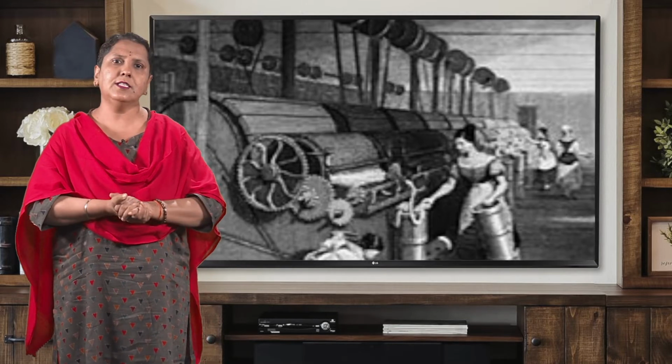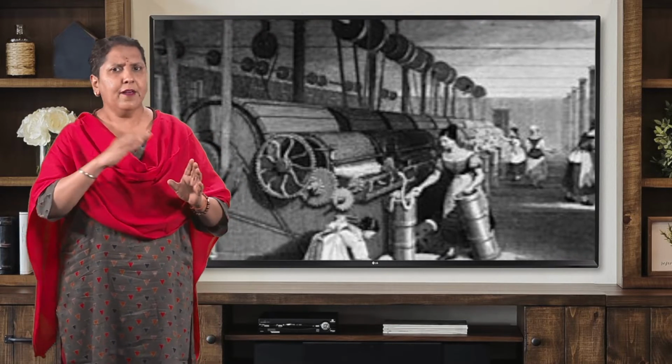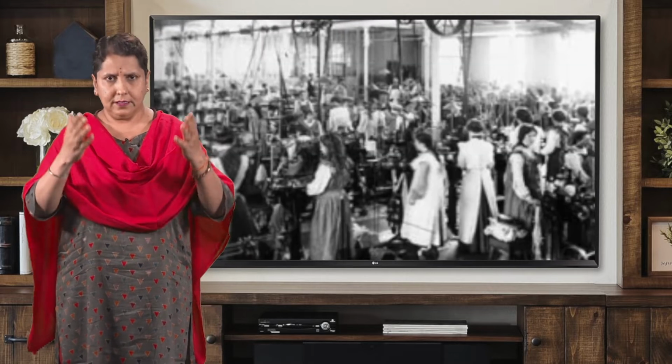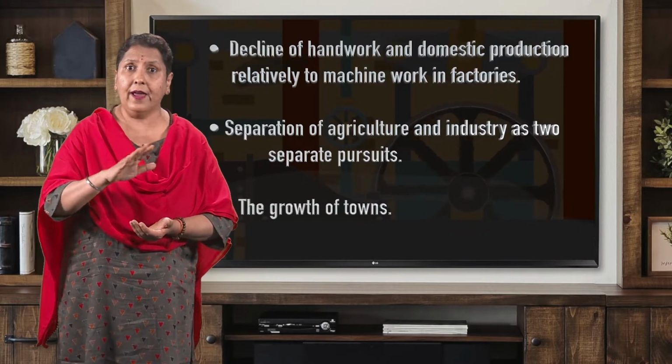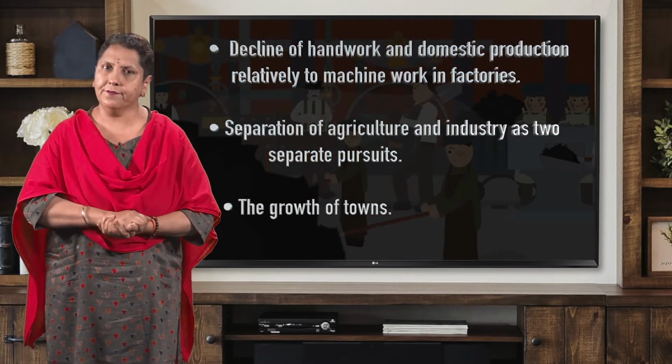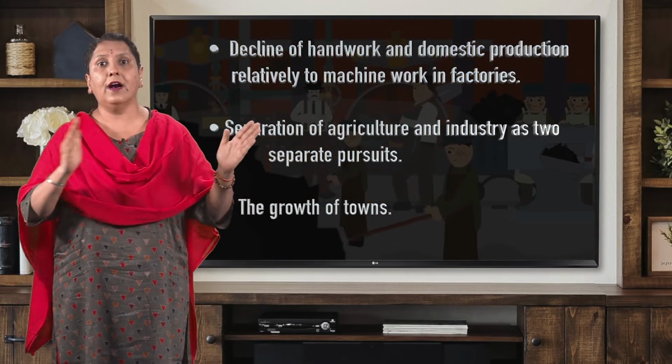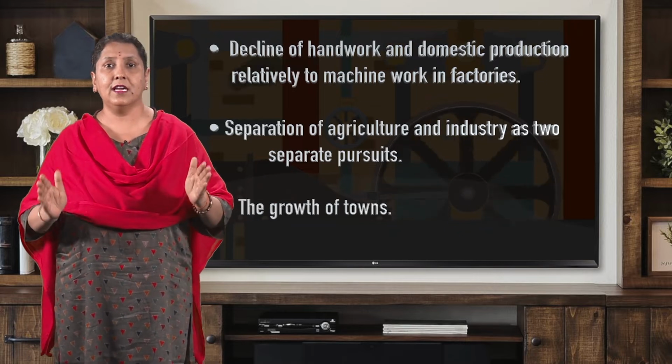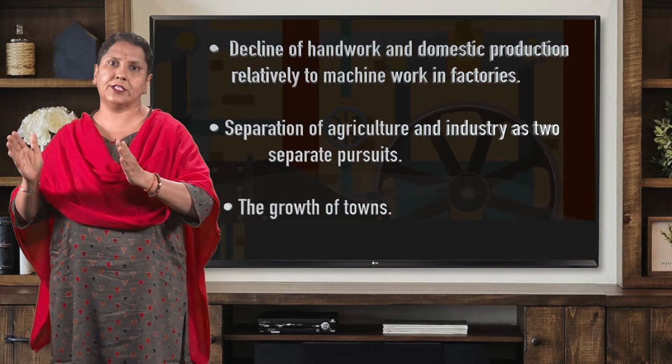The general features of the Industrial Revolution in every country have been, on the basis of these indicators, what are they? Decline of handwork and domestic production relative to machine work in factories. Separation of agriculture and industry as two separate pursuits. Growth of towns, of course.